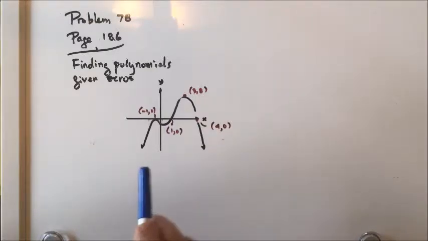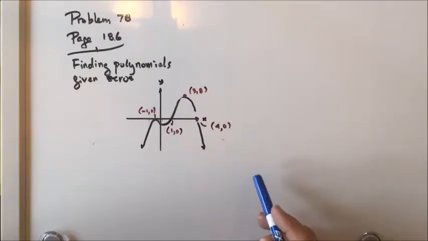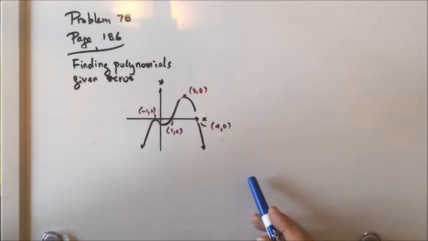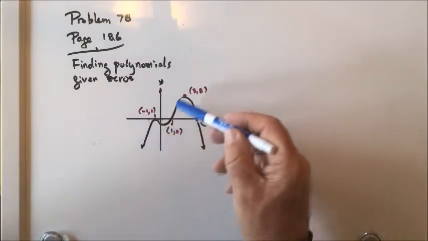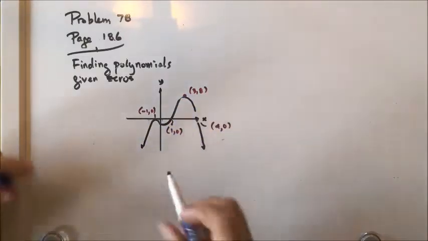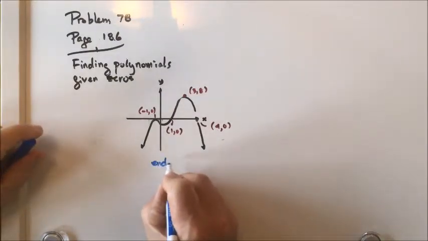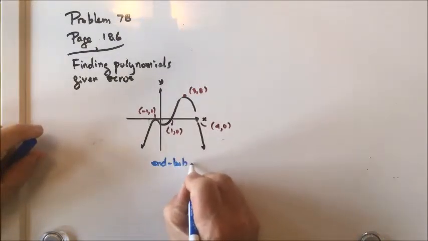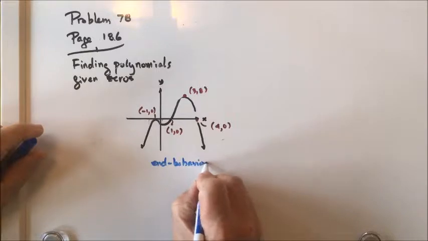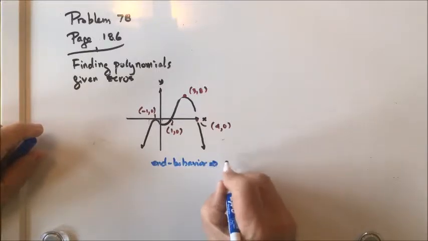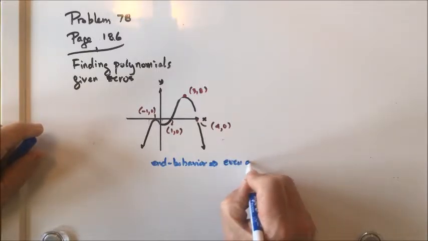In this particular case, there's one other feature that gets involved, because the problem says write down the equation of a polynomial, and write down that polynomial which has the smallest degree. So if we look at this, we notice the end behavior would indicate that this is an even degree polynomial, right?